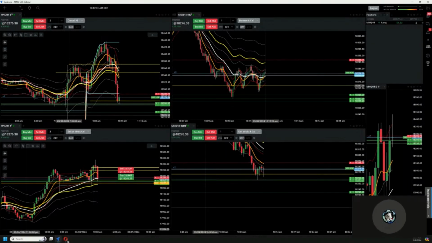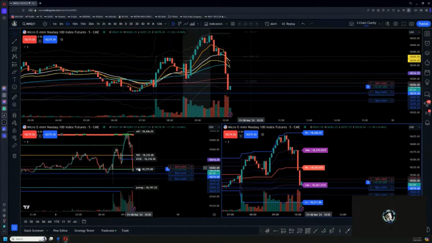Opening range low. Messing around with the daily open. We got a previous VWAP here. I'd be open to basically the daily open holding here.